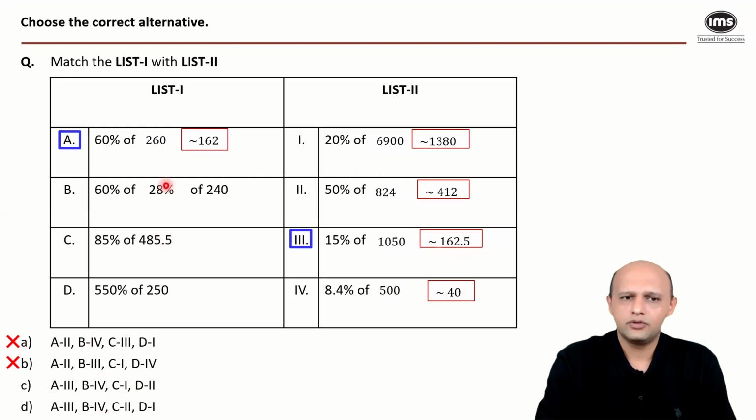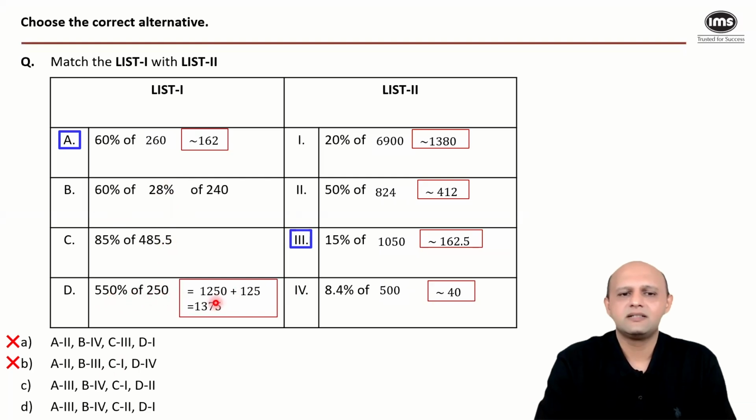Out of 3 and 4, we are still left with this bit of calculation. If you closely inspect these values, friends, B is mapping with 4, so calculating it once again will not make sense. Out of C and D, you would agree that D is very, very simple. Why is D simple? Because it's just 5.5 times 250, which is basically 550%.